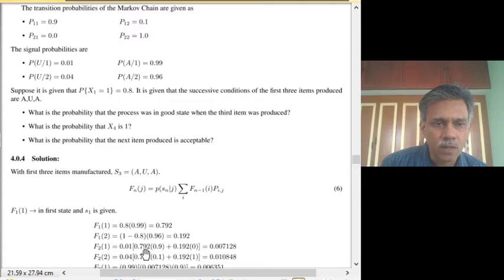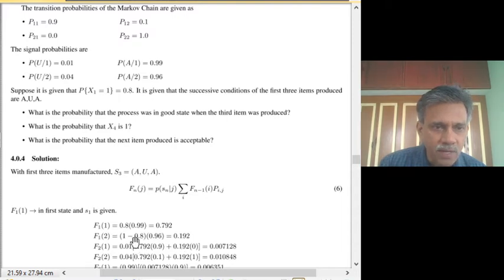So this is F1 of 1 times P11. F1 of 1 is 0.792 into P11 is 0.9, that is this factor, plus F12 and P21.